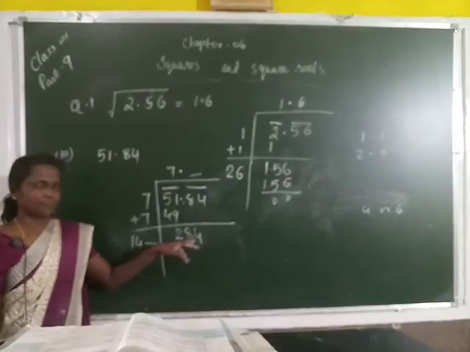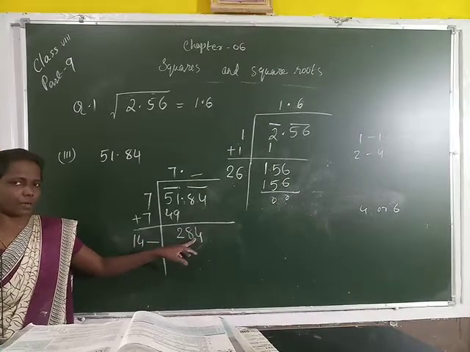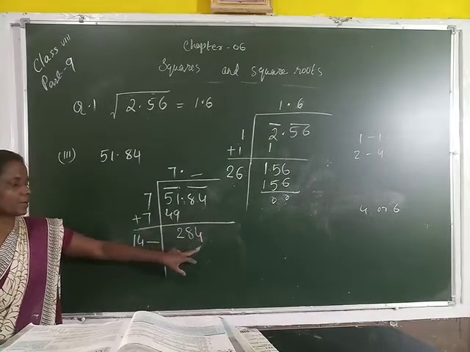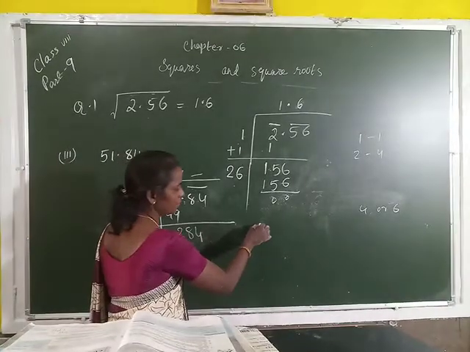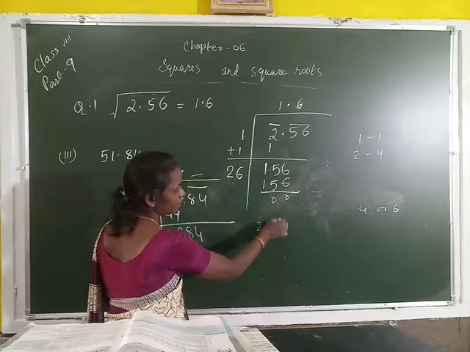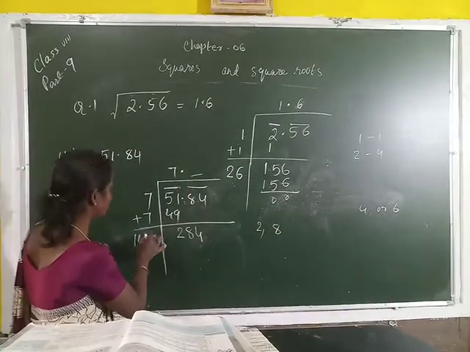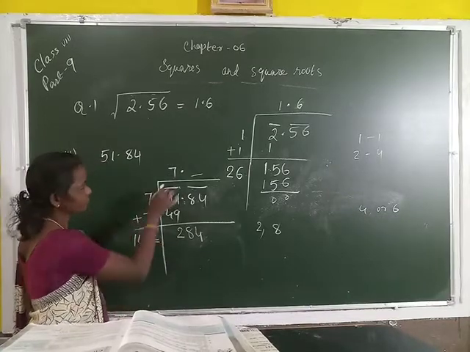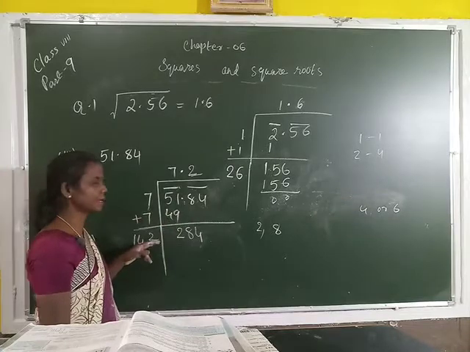Here look, 4. Unit place, which number? 4. Unit place of square numbers. Unit place 4 will come. Square root numbers, unit place which number will come? 2 or 8. Then look here. If you write 2 here, 2 as a quotient, so this place also you write 2.